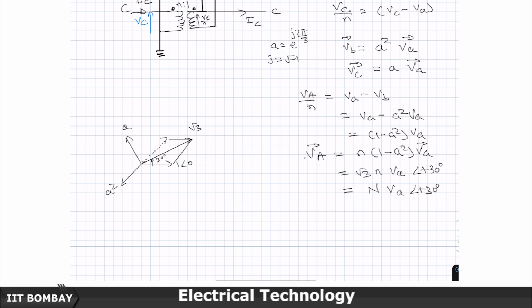If you want, you can also treat this whole thing, n capital N angle 30 degrees, as actually a complex number. There is nothing wrong, it is technically a very correct statement that the turns ratio from primary to secondary has effectively become a complex number. Of course, I am not going to use that fact, I am going to keep this separate and this separate.